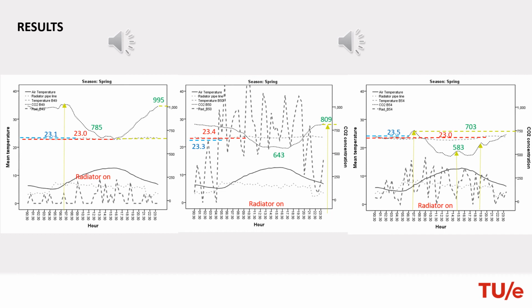What we did with this data was to build up occupancy profiles for the different spaces and the different seasons in the building. We wanted to know in this way the differences in needs and preferences of the residents in the building, looking at the indoor temperature, the ventilation profile, and also the use of radiators. And as you can see in the pictures, we found large differences in the different rooms.